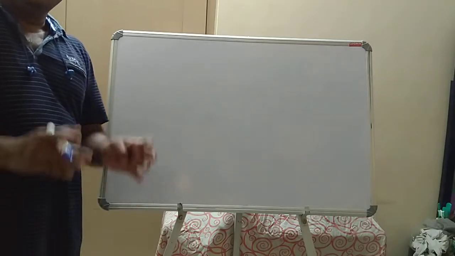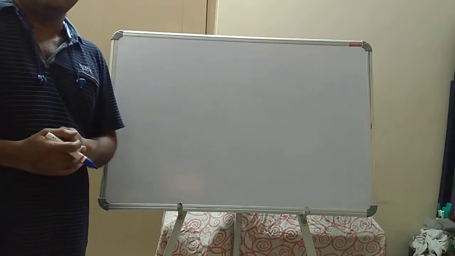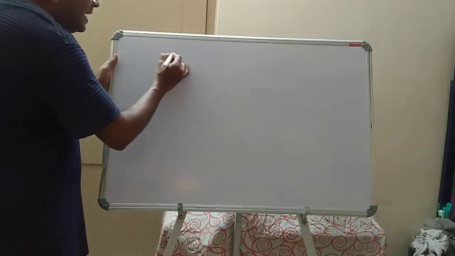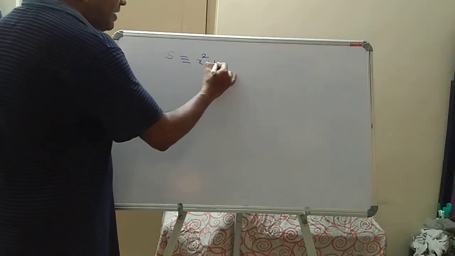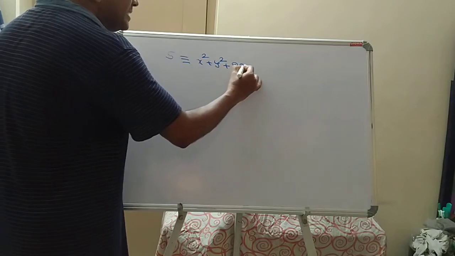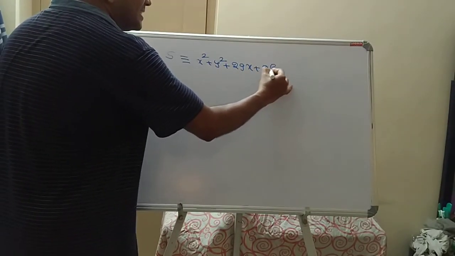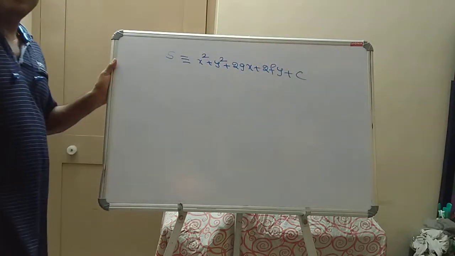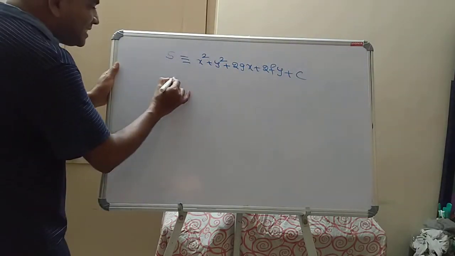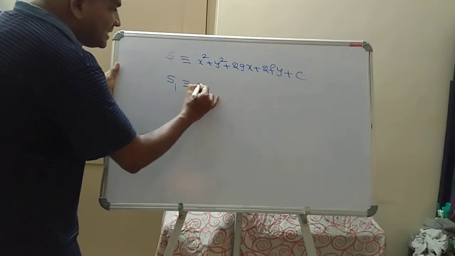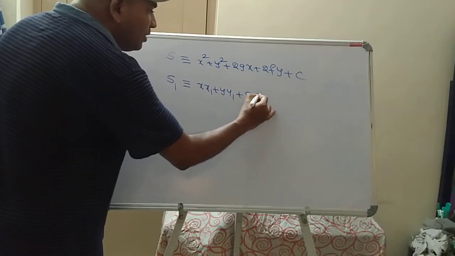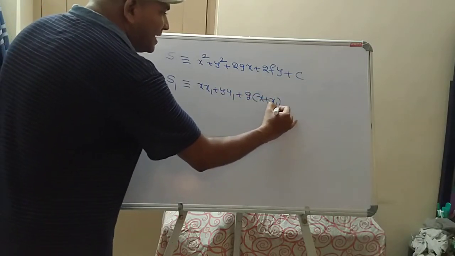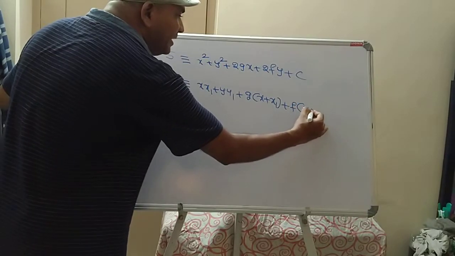Now notations. In this chapter we are using some notations. First one, S = x² + y² + 2gx + 2fy + c. Next, S1 = xx1 + yy1 + g(x + x1) + f(y + y1) + c.